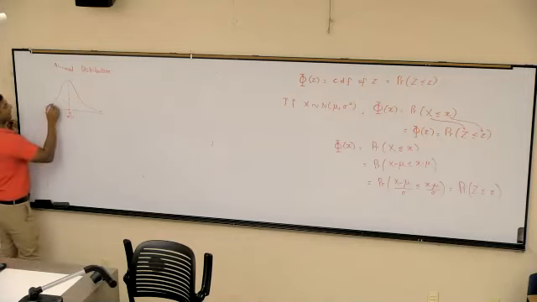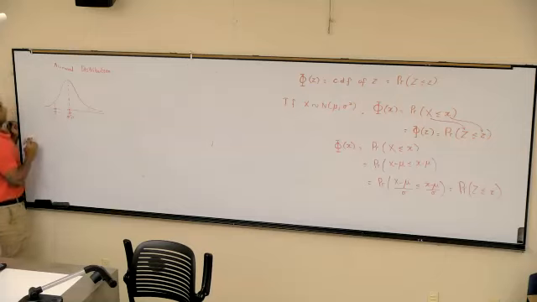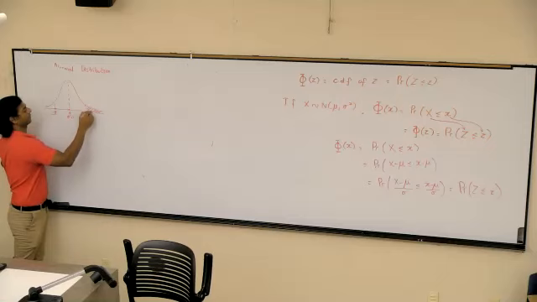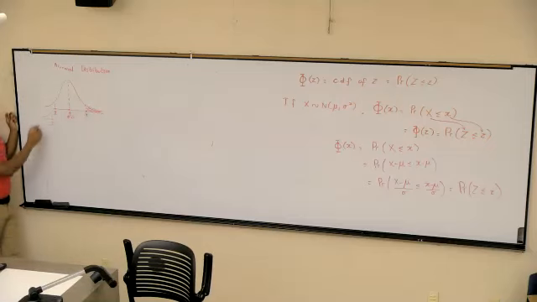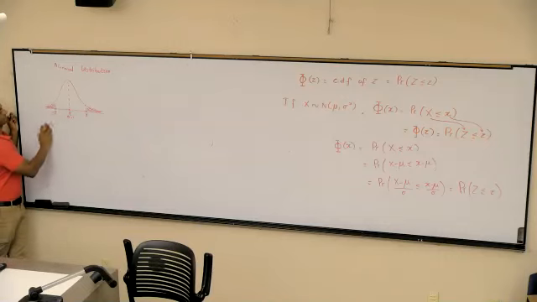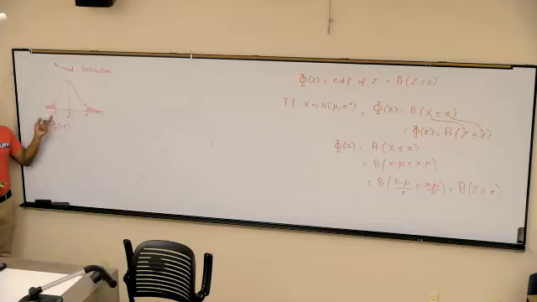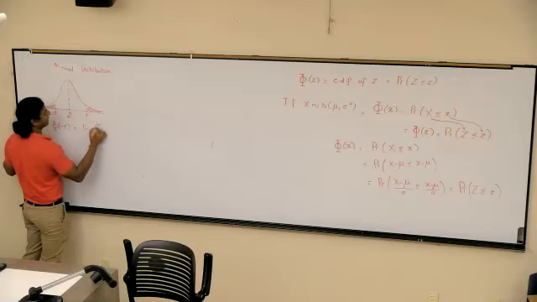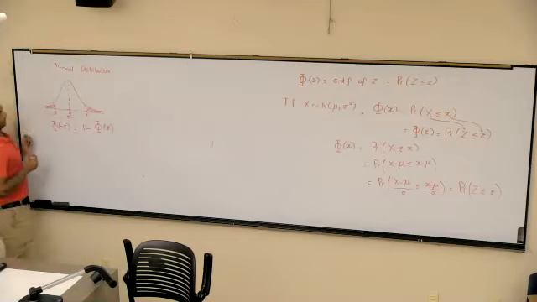So if I pick some z value on this side, some z value on that side, then phi of minus z, in other words, the cumulative probability less than or equal to minus z, would be equal to 1 minus the cumulative probability of z.